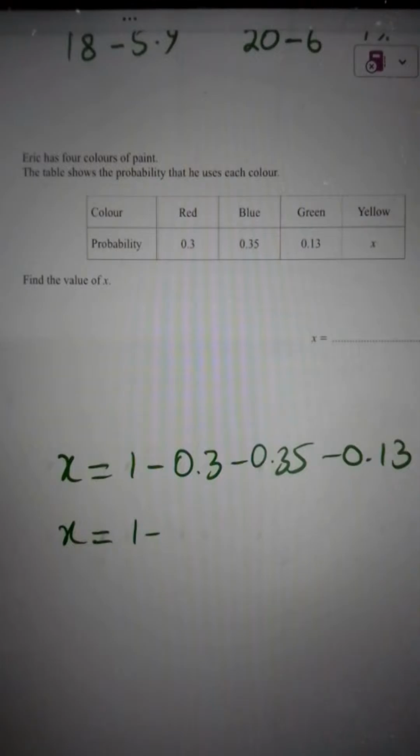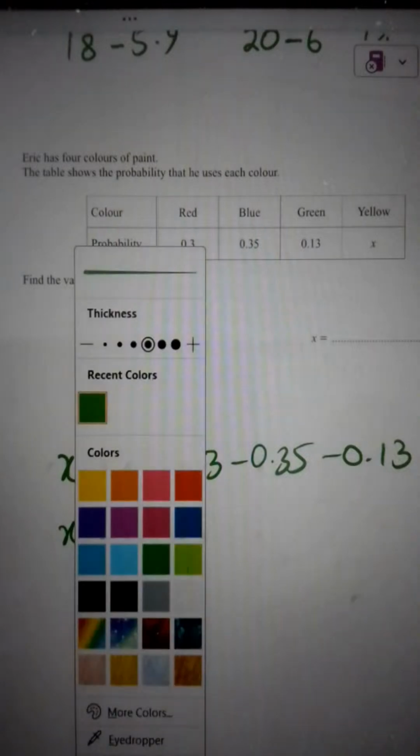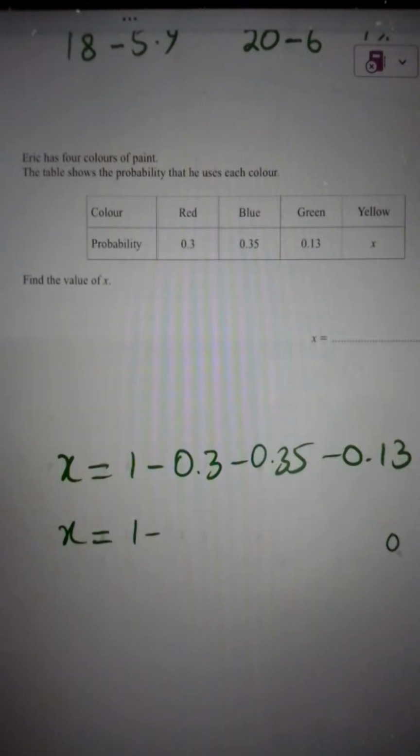So we have to add 0.3 plus 0.35. 0.3 can be written as 0.30, right? And 0.13. All of them when added give 0.78.